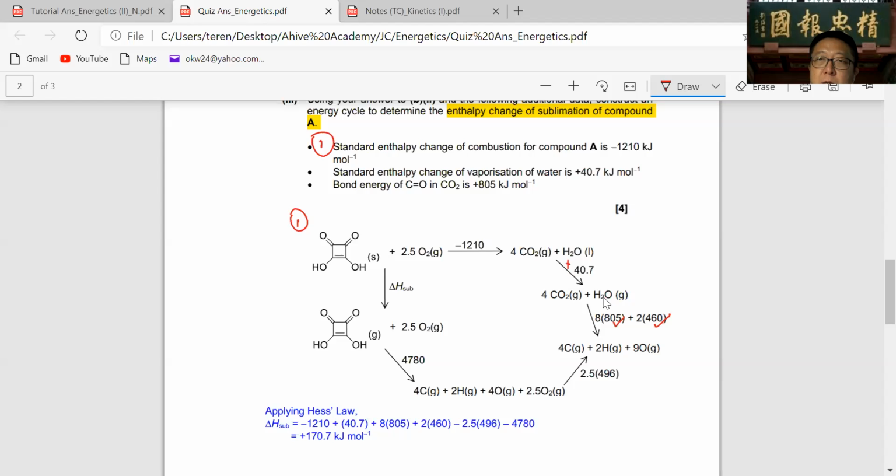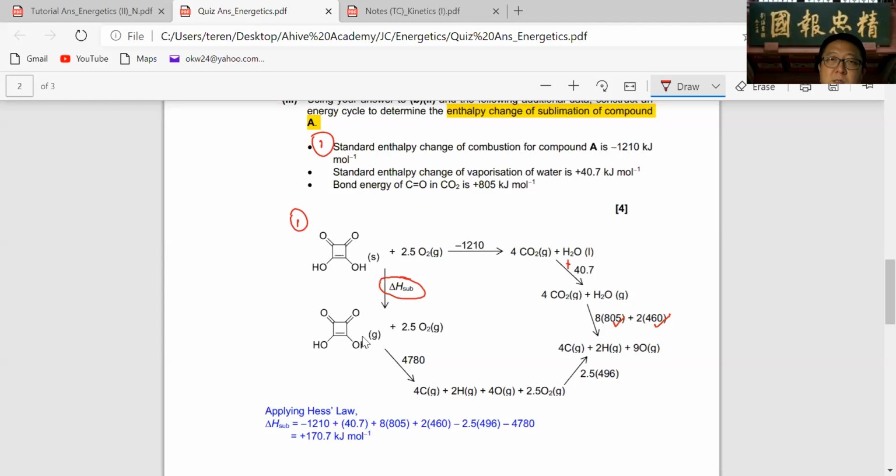So far, so good. From here to here, you are actually converting all of them, the atomization of carbon dioxide, your water and your steam. This step changes them into single atoms. Then you can link back to what you're supposed to solve. This is the enthalpy change of sublimation, solid to gas.